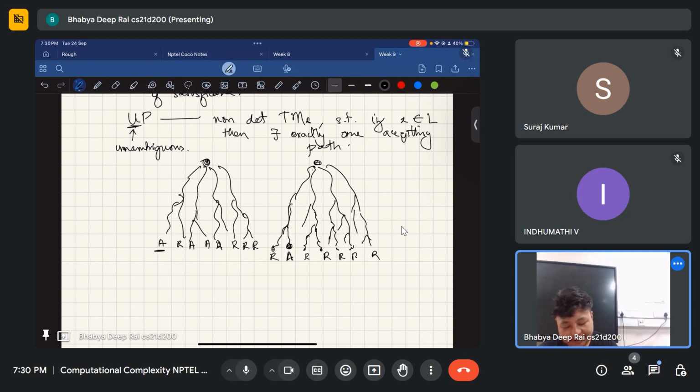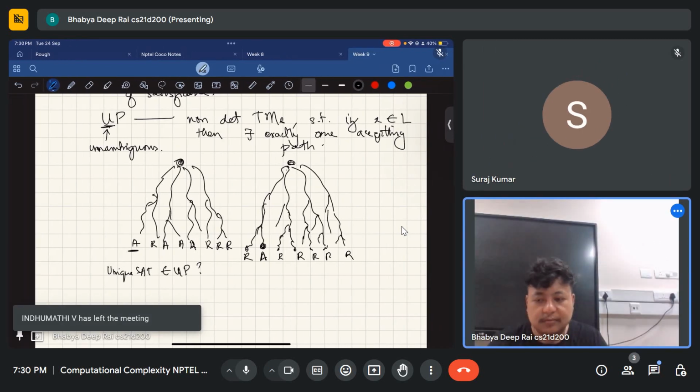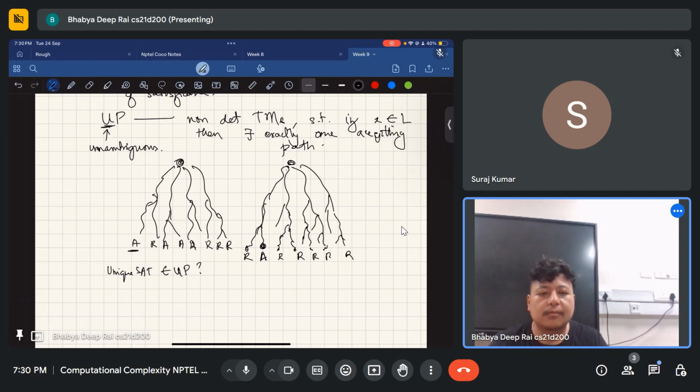So, question: is unique SAT contained in UP? No, sir. Why no?